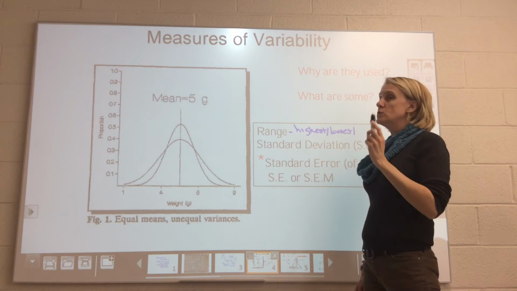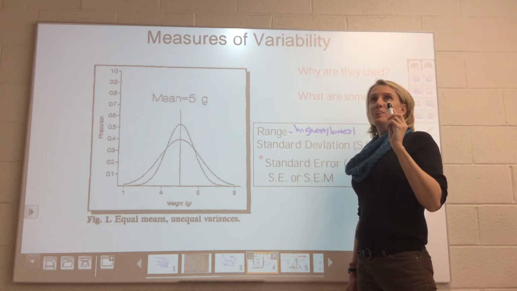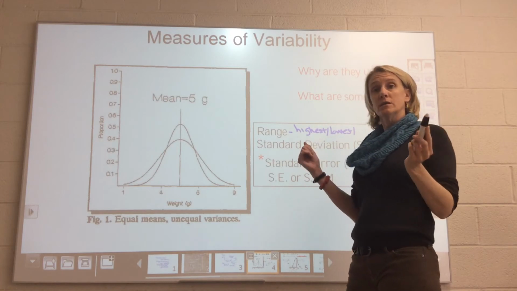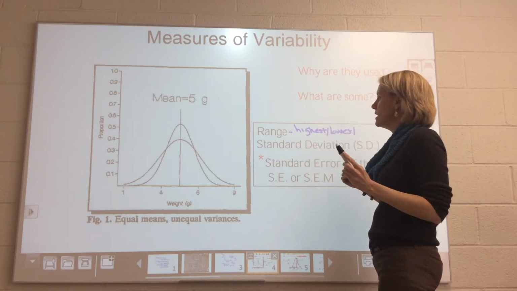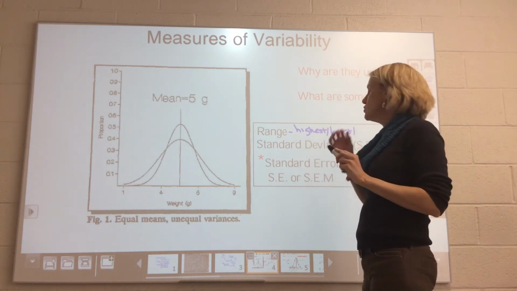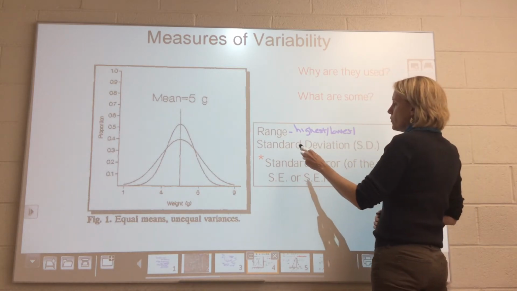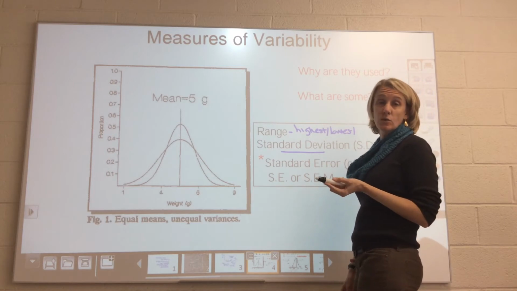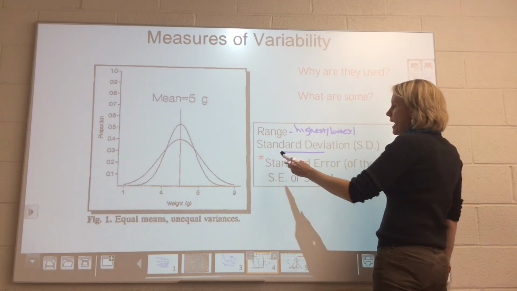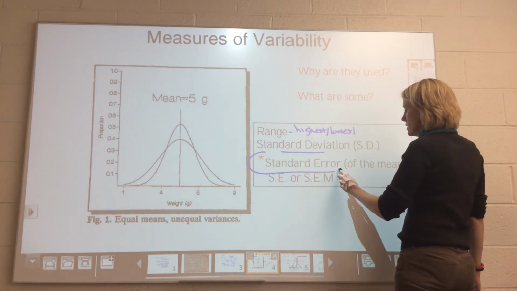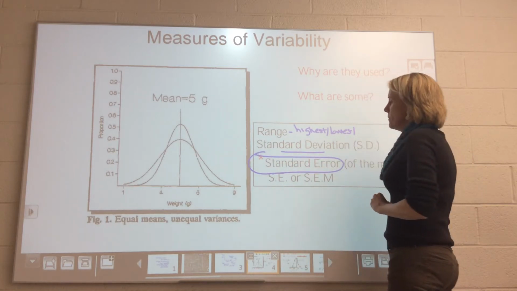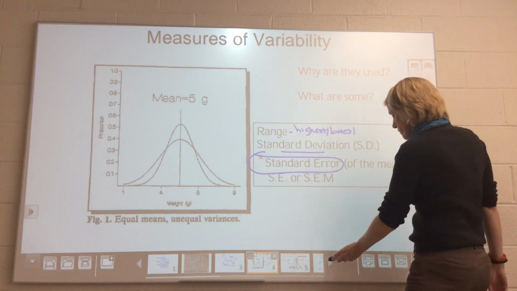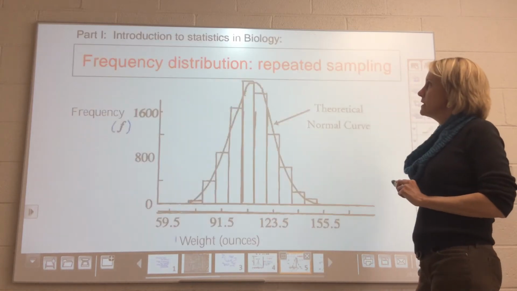There might be a few times where the question you're asking specifically addresses what the lowest and the highest are, so you might be interested in range, but we're not going to encounter it too much. You will probably more frequently run into standard deviation. Maybe in high school you worked with standard deviations. And then the one that we're actually going to use is a measure of standard error, or standard error of the mean. Okay, so how do we calculate these?